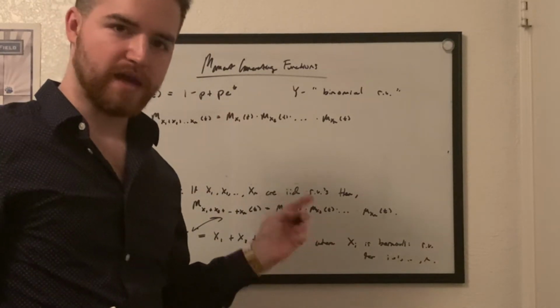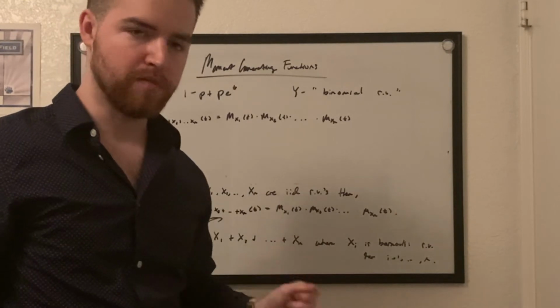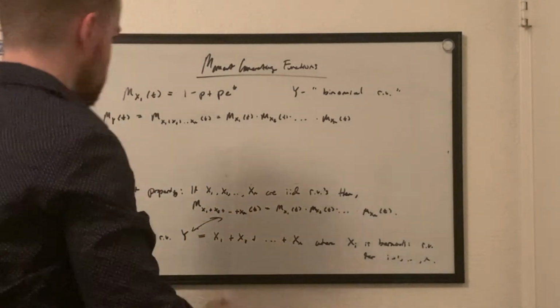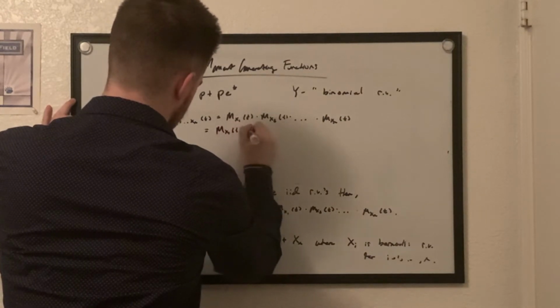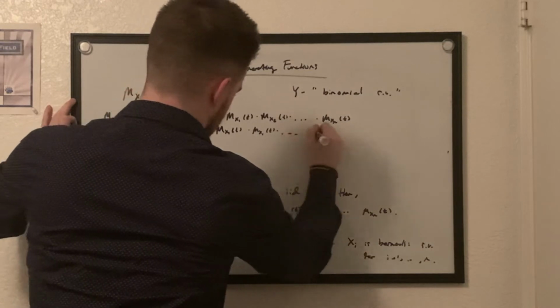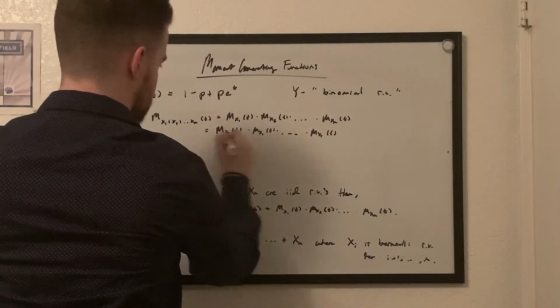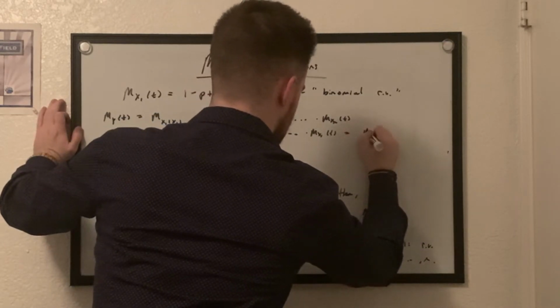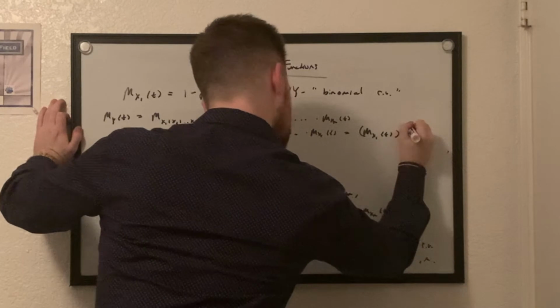Because they are identically distributed, all of these have the exact same moment generating function. Thus, we can simply say it's M_X1 of t times M_X1 of t all the way times M_X1 of t, and this occurs n times, so we can just write it as M_X1 of t to the n.